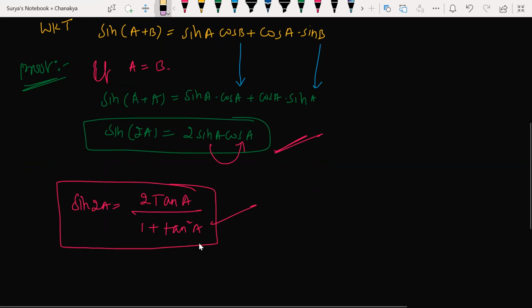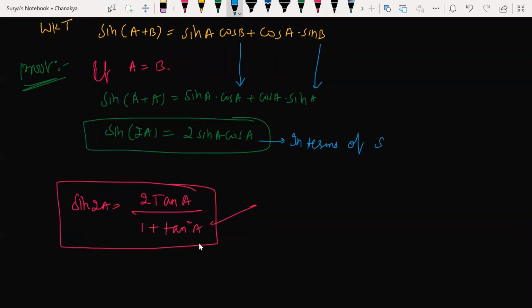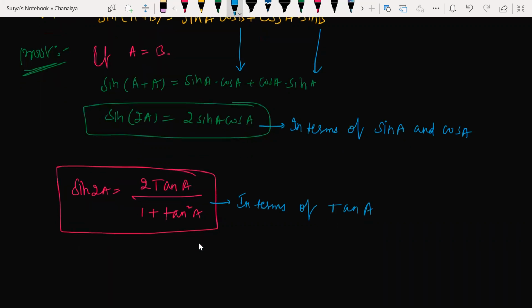Getting my point? Both are sin 2A formulas only.